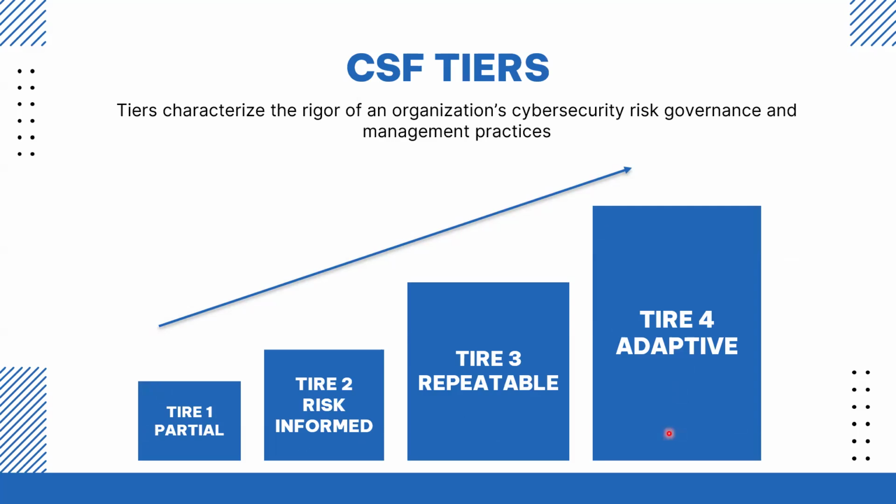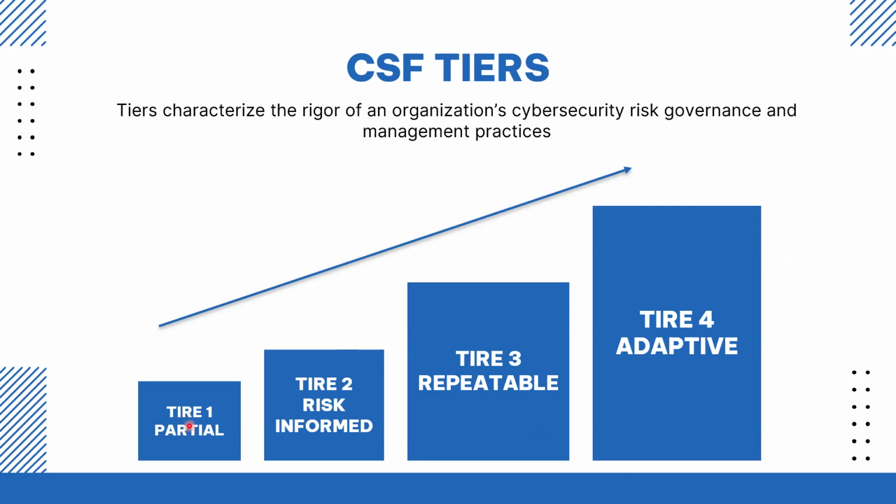However, this NIST CSF framework states that CSF tiers are not directly linked to the maturity level. So we can use these CSF tiers in order to give a certain valuation on the current state of the cybersecurity posture. Say as per the tiers implementation, we got to know our current state is only 1.